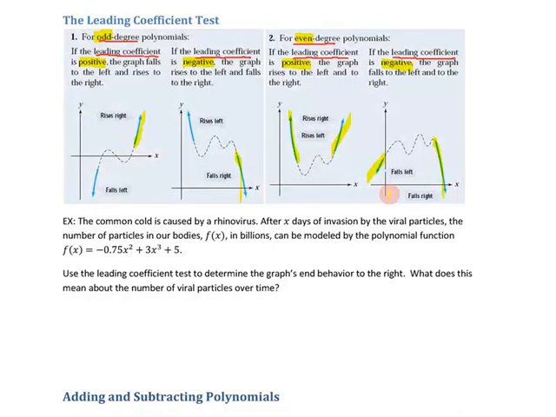So let's use the leading coefficient test to interpret a problem that has a polynomial function. So the common cold is caused by something called the rhinovirus. After X days of invasion by viral particles, we can model the number of viral particles in our bodies by this function right here.